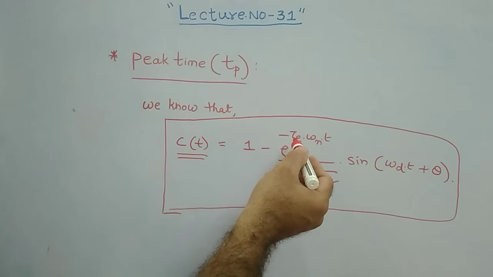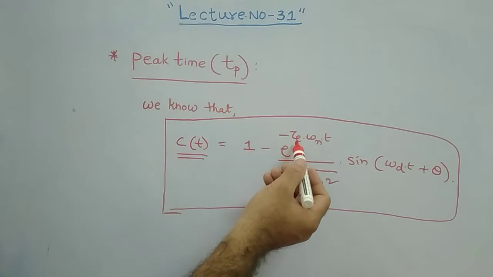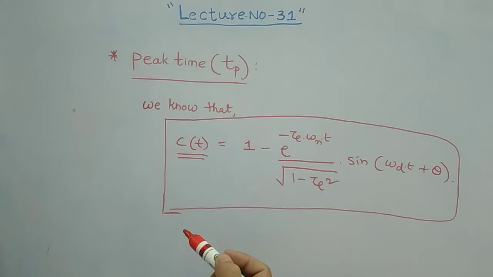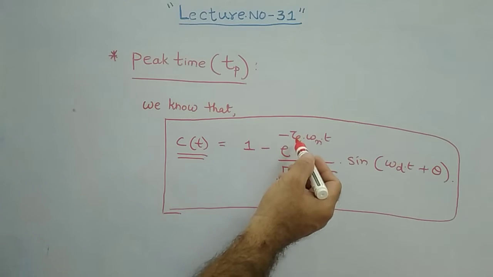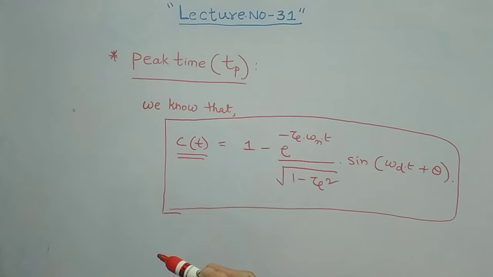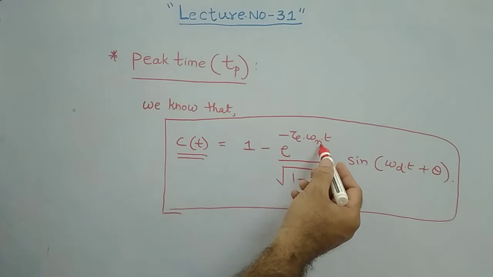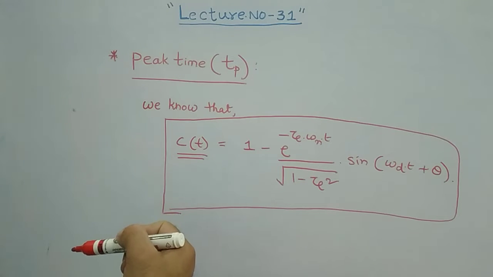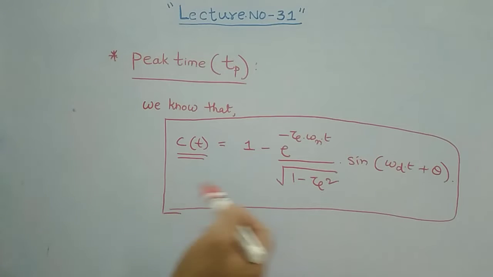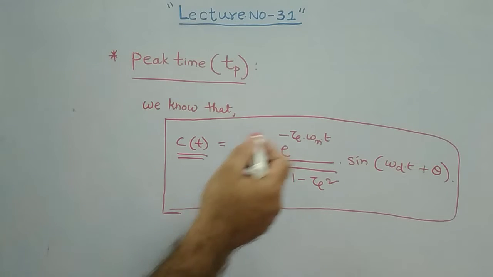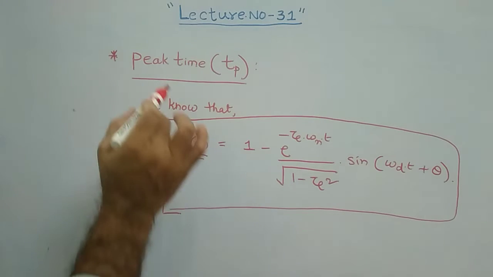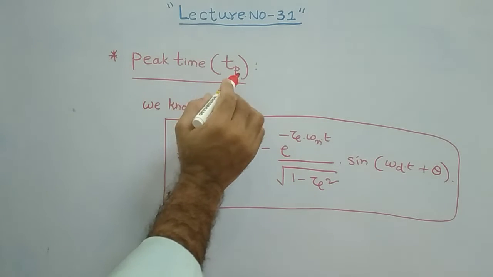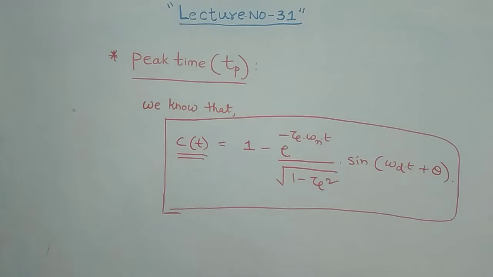I think we have explained in the previous presentation that zeta is the damping ratio, or otherwise called the damping factor, whereas omega n is the natural frequency, and omega d is the natural damped frequency. In order to find the expression for TP, what should we do?